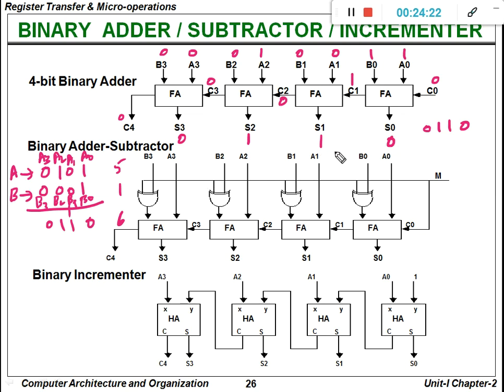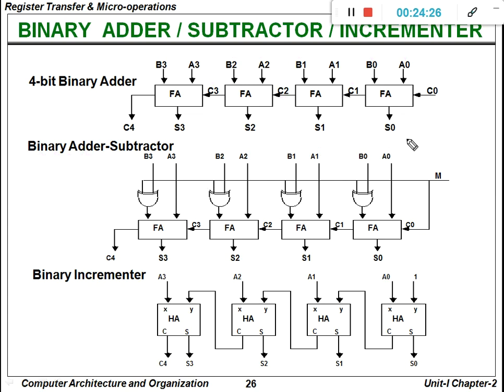Okay. Next, let us move on to the binary adder subtractor. The binary adder subtractor is going to perform both the addition operation as well as the subtraction operation. How it is going to do both is by using the exclusive OR gate.